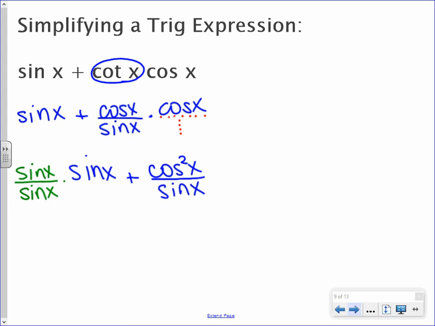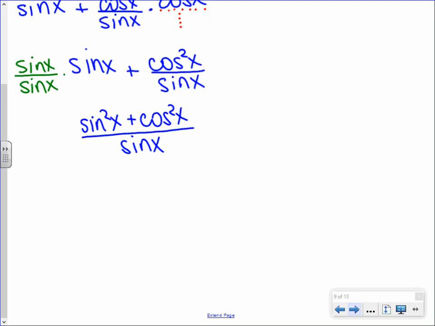What does that do? Here we have sine squared x plus cosine squared x all over our common denominator of sine of x.